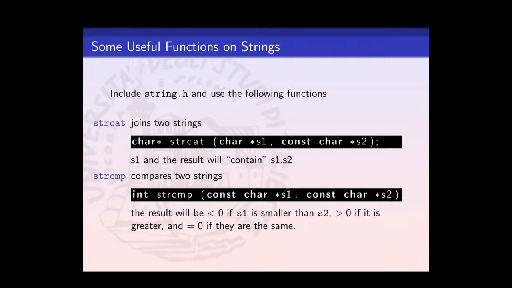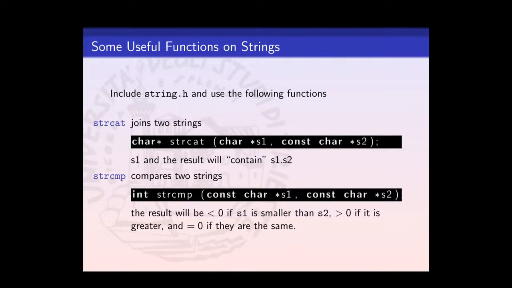Then we have a function to compare two strings. And again, the two strings are compared up to the string terminator point. Okay, and the string compare function returns an integer value that would be smaller than 0 if S1 is lexicographically smaller than S2, so comes before in a possible dictionary, let's say.